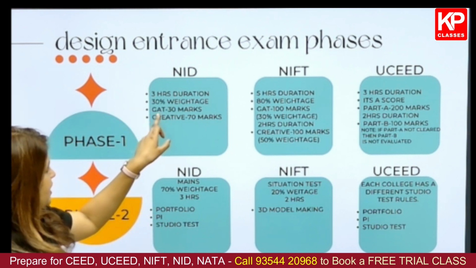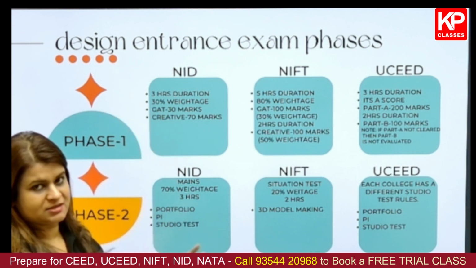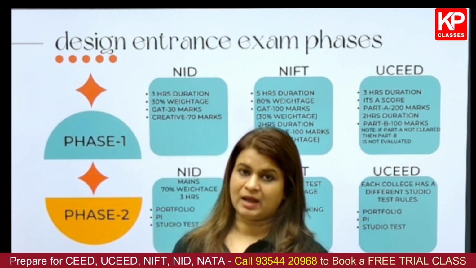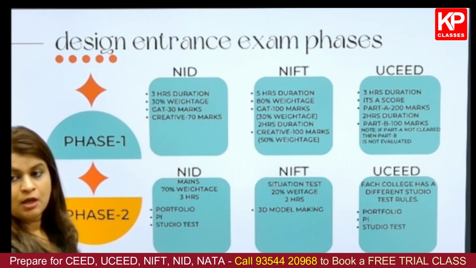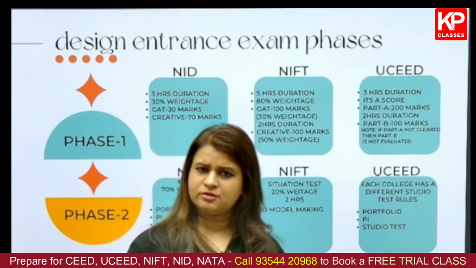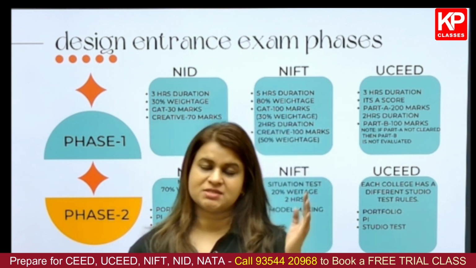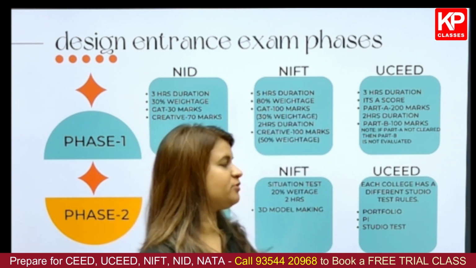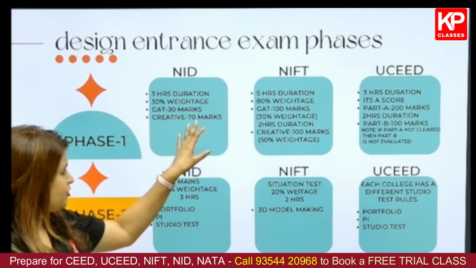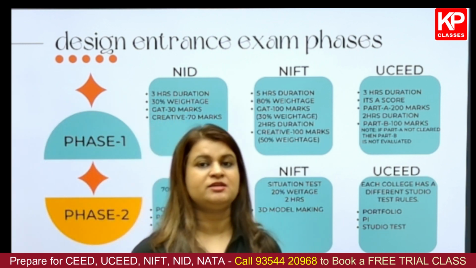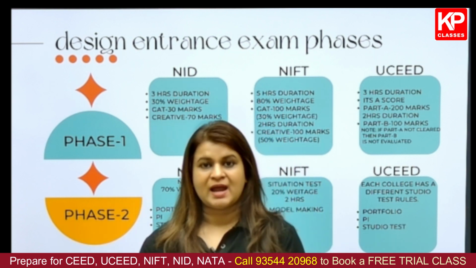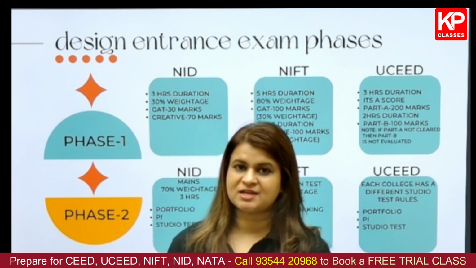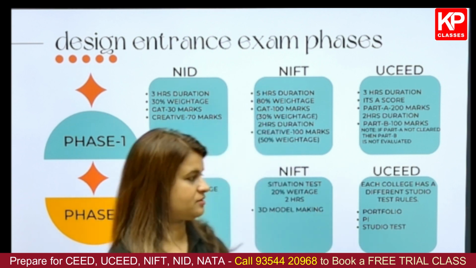Out of this, GAT, which is the General Aptitude Test, the questions for GAT are of 30 marks. You might get 20 questions, you might get 30 questions, and accordingly the marks will be distributed. The creative part is of 70 marks. So 70 plus 30, 100 marks, 3 hours, and the whole weightage of this examination is 30%.